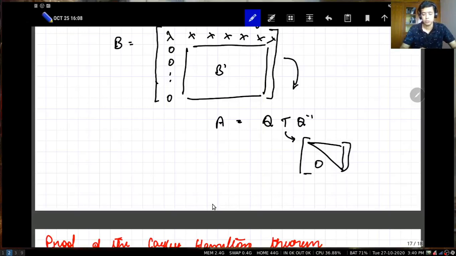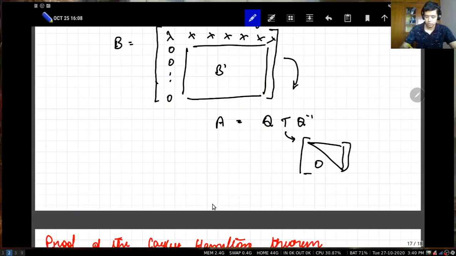Now, here's a question for you. What can you say about the diagonal entries of this upper triangular matrix T? I want you to pause the video and think about it. Note that if you have an upper triangular matrix T, then the diagonal entries of T are the eigenvalues of T. This can be easily seen just by looking at the characteristic equation.